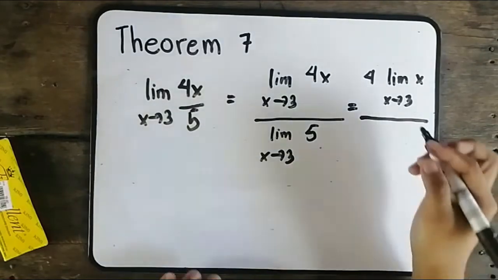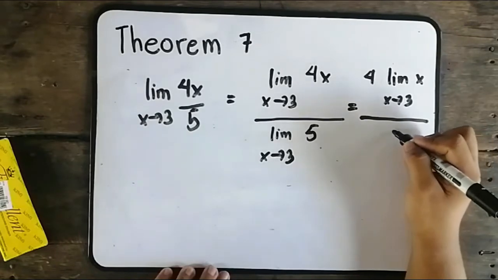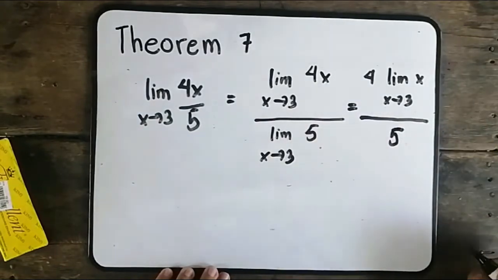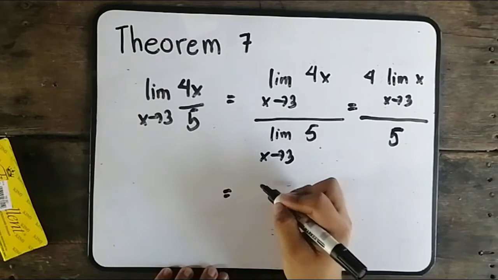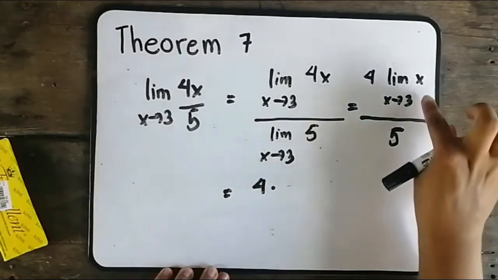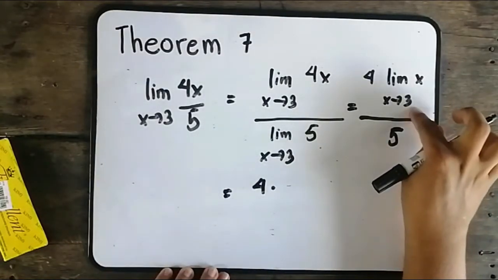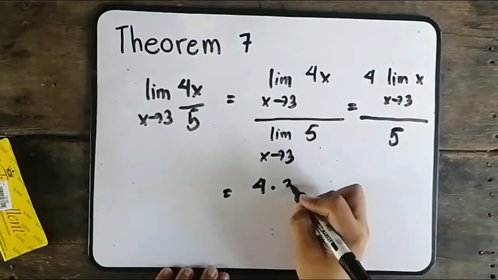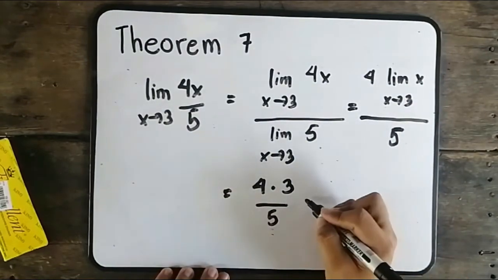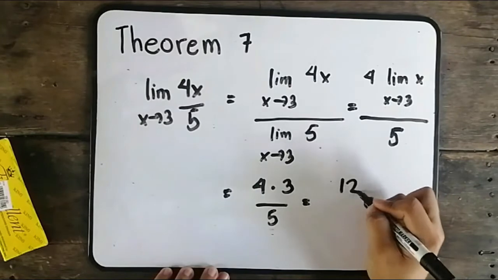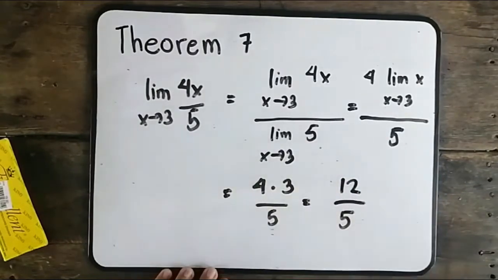So, limit of a constant, this is equal to 5. Okay? So, we now have 4 times, ano ba yung limit of x as x approaches 3 by theorem 3? So, that is just equal to 3 over 5. So, the answer now is 12 over 5.